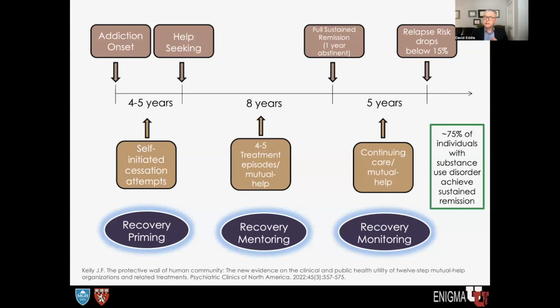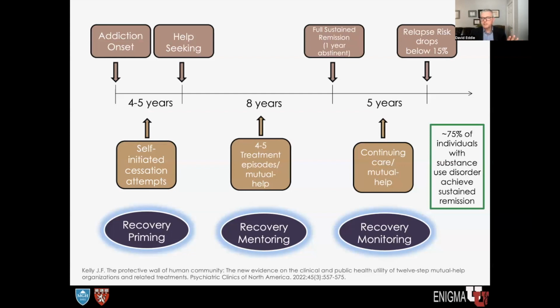And interestingly, even after folks have achieved 1 year of sustained remission, it takes another 5 years of recovery before their risk of relapse drops below 15%, which is generally considered the rate of alcohol or other drug problems, at least in the United States. Substance use disorder, probably 12%.